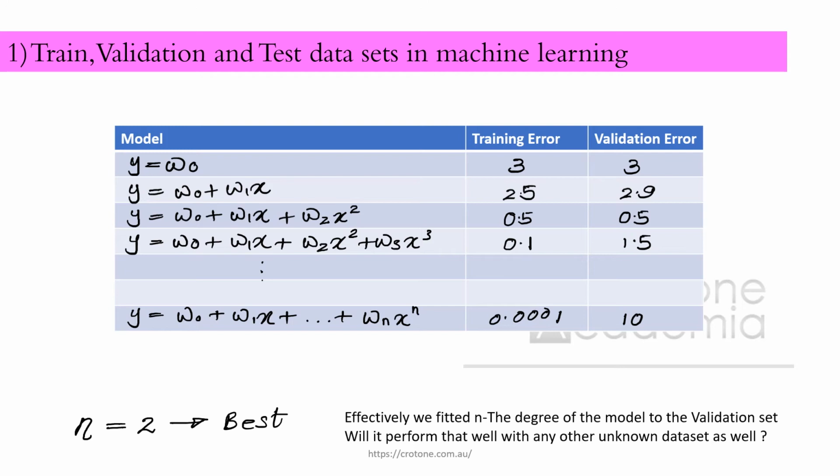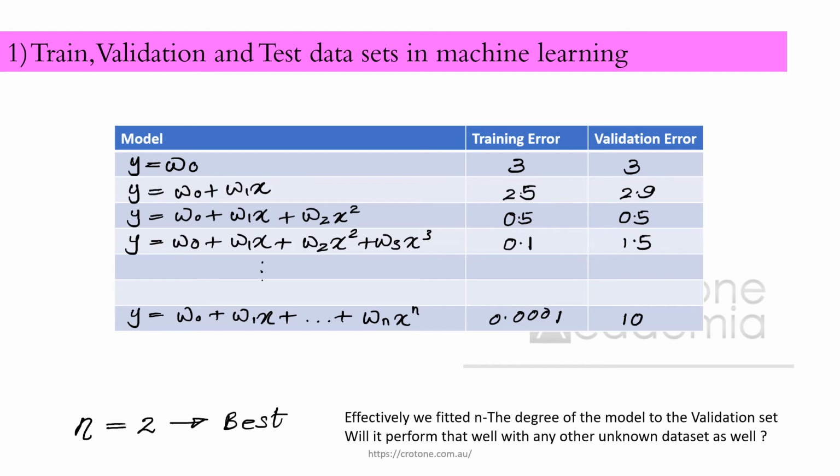But still there is a small problem. Here when we were deciding the degree of the polynomial that we are going to use as the model, we always compare those errors with the validation dataset. So we will encounter a similar problem because here we have effectively fitted the n degree polynomial to the validation dataset.